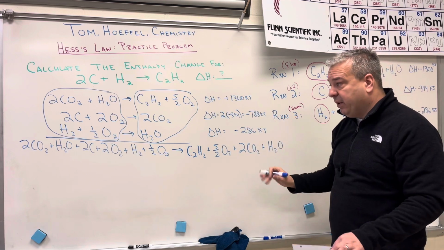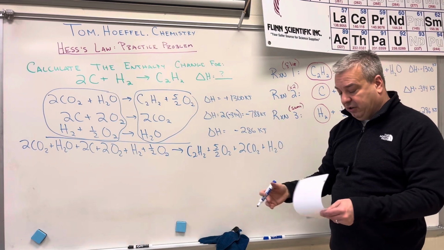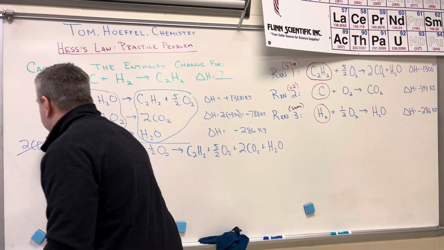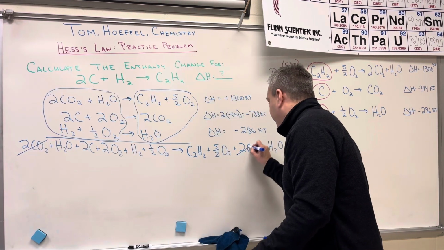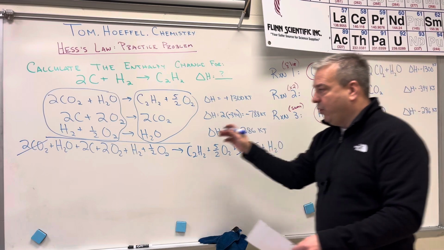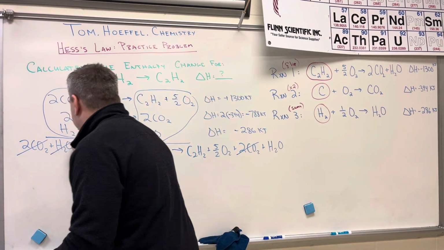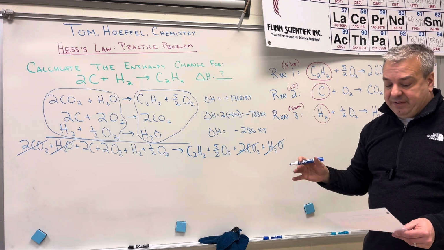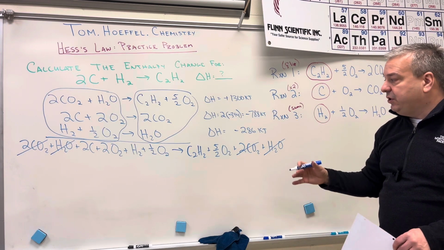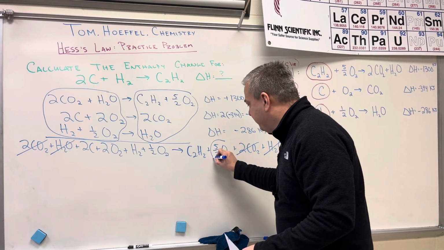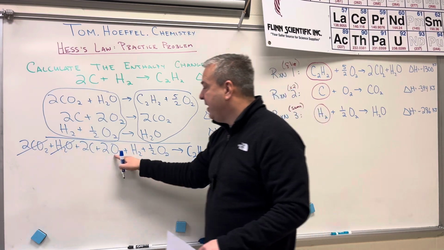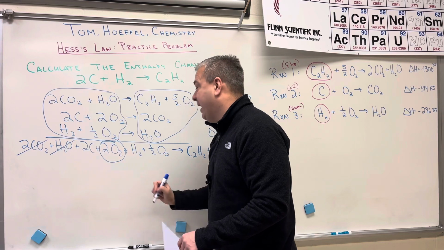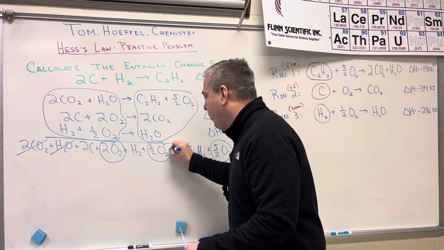And when we get to this point, we've got to cross out like terms. So some of the things that are going to cross out are the 2 CO2s on both sides. The water is going to cross out on both sides. And then the 5 halves of O2. So remember, I got 5 halves of O2 right here, and I got 2 O2 here, which is like 4 halves, and the 1/2 here.